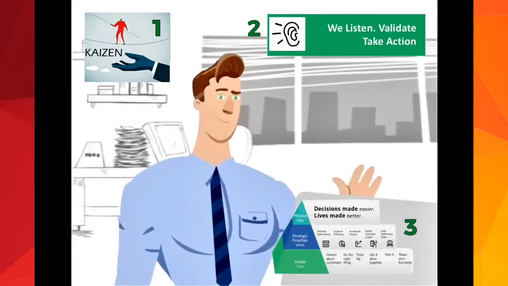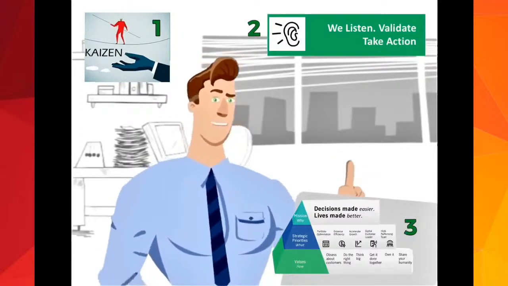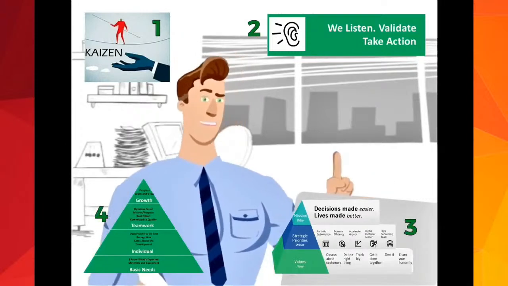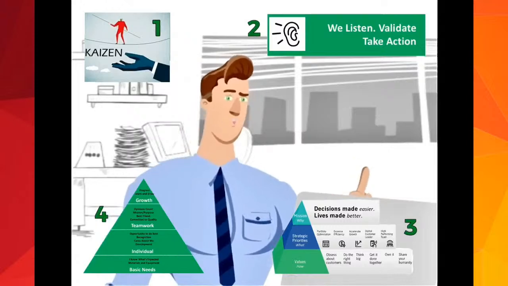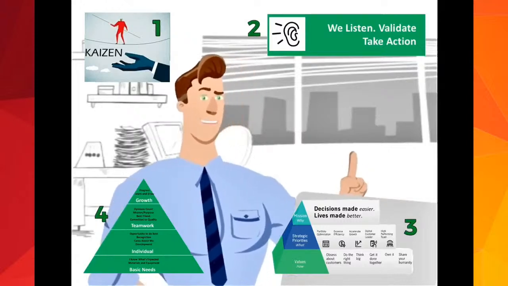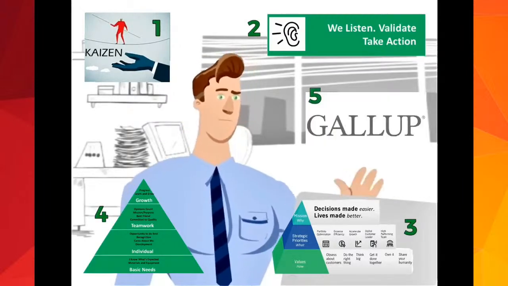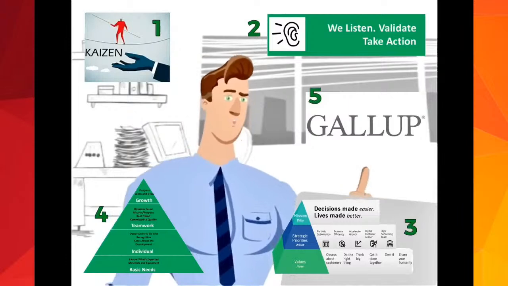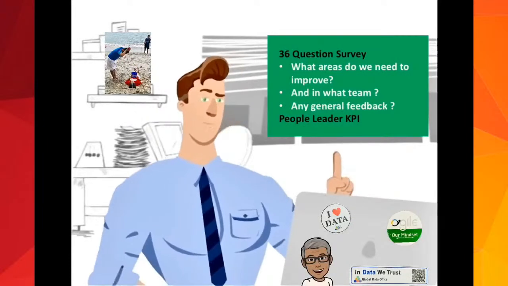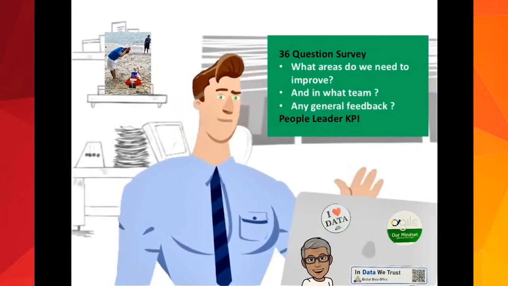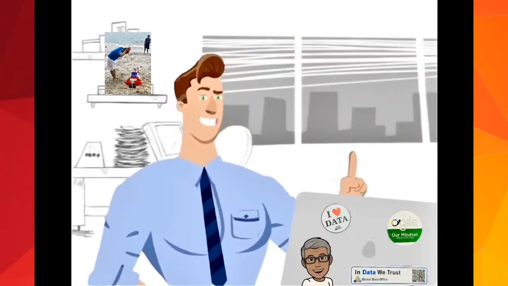Shared values and a strategic understanding of our purpose in the company. 4. The employee needs hierarchy that ensures that you not only have what you need to do your work, but also recognition, a happy team dynamic, and individual growth. And finally, 5. Our engagement pulse check, or the Gallup survey, whose 36 questions ask, are our people leaders living up to their commitments? Let's go into each in a little more detail.